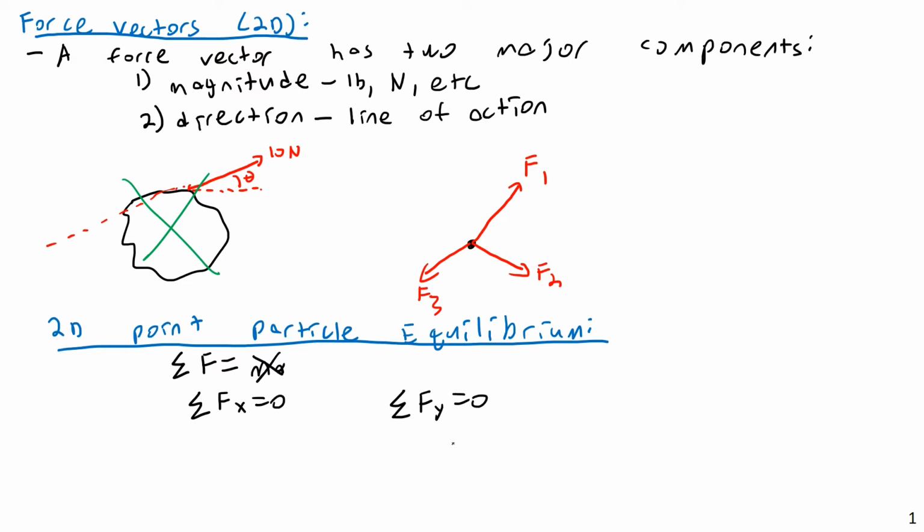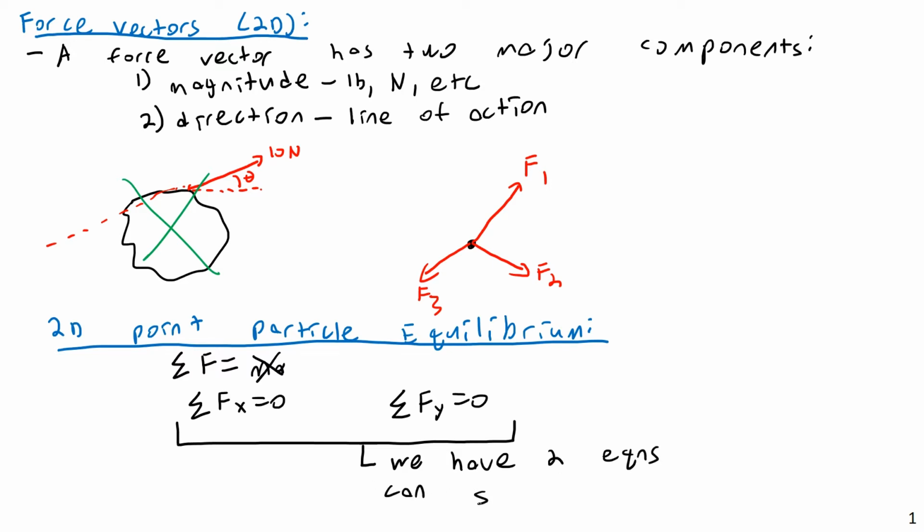This is fairly intuitive. You've probably seen this or something similar in physics courses. What's maybe not so obvious is that these represent tools to solve for unknown quantities in a system. Basically, in a 2D point particle system, we have two equations, and we can solve for two unknowns.